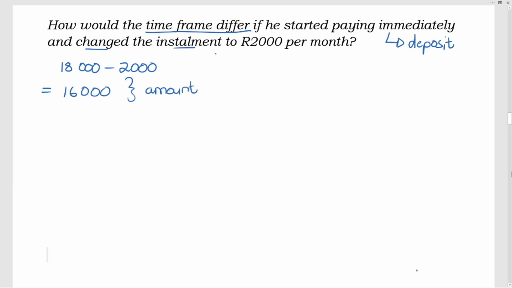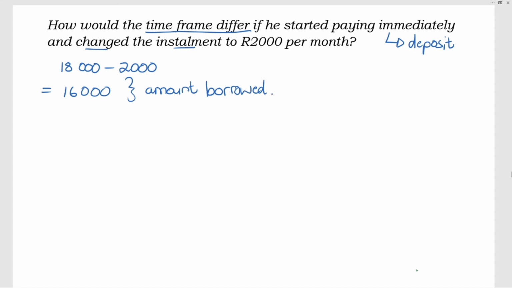So yes, the laptop cost a bit more than 16,000, but I'm only borrowing 16,000 Rand from the place that's lending me the money. It works very much the same for house prices. You will only borrow the amount that is left over after you've taken off the deposit. And the same for cars and anything else where there's a deposit.